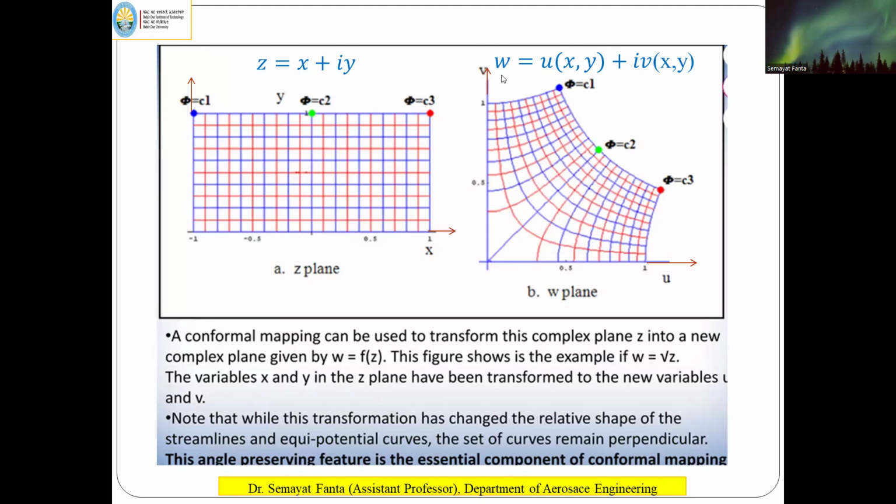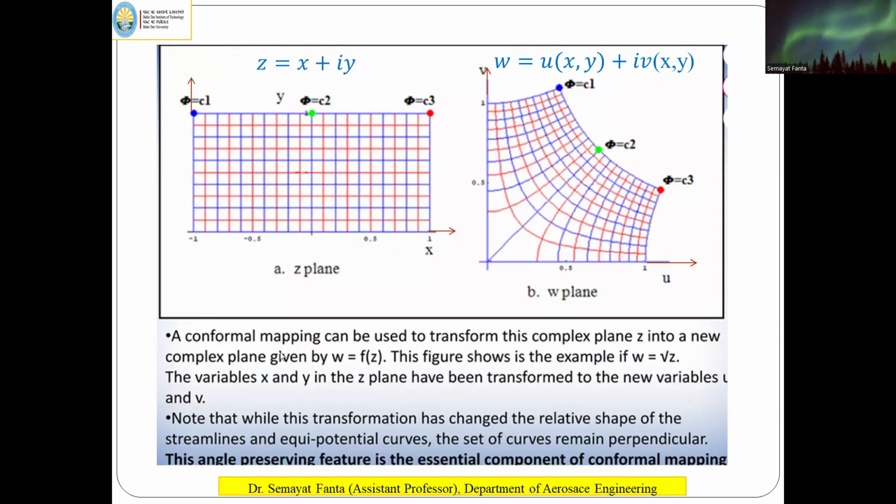When we perform some transformation on this, we can find the transformed plane, which is the W plane, represented with W equal to U plus iV. Here i indicates the complex plane. X is the real axis and Y is the imaginary axis, so we can represent the complex form in this manner.